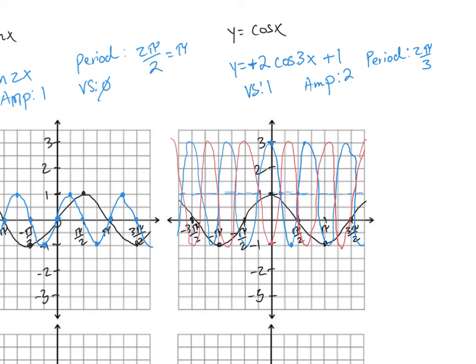So there you go. You have the two different types. The blue one was the positive, and that one would have been the negative 2 cosine of 3x plus 1.